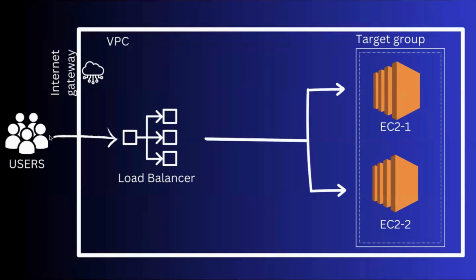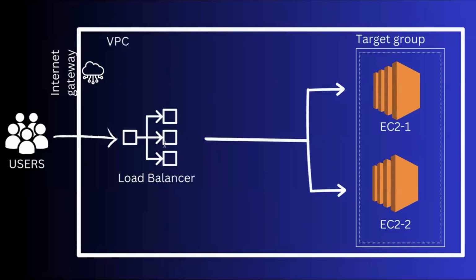Well, the users actually represent the end users who are trying to send requests into our application, right? Through a web browser or mobile app, something like that. While the gateway allows traffic from the internet, that is from these users, into our VPC, our virtual private cloud. Then we have the load balancer.